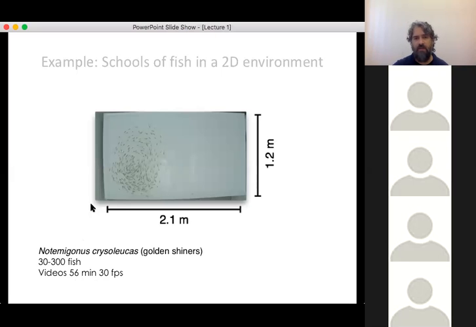I mean, this is a nice transition experiment, let's say, because this is not fishes in their natural environment, which might be too difficult for us to model in a first step. And it's not just a simulation because these are actual fishes, they're living beings that do what they want.